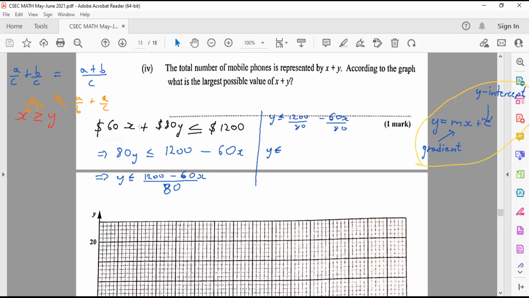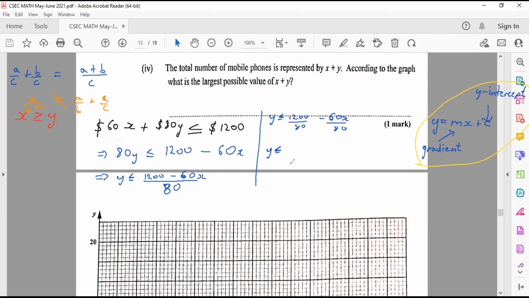All right, let me just finish up real quick and I can show you. 1,200 divided by 80, that is what? 120 divided by 8.